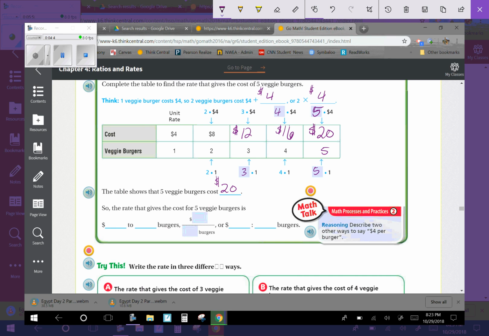Now, we're not done. We have to write that in 3 different ways. So the rate that gives the cost for 5 veggie burgers is $20 to 5 burgers, or we can write it as $20 over 5 burgers, or we can write it as $20 colon 5 burgers.